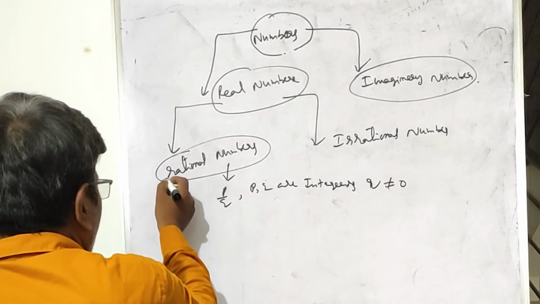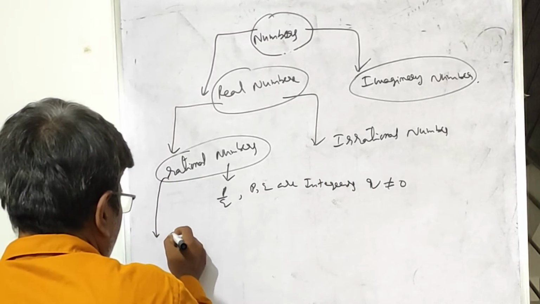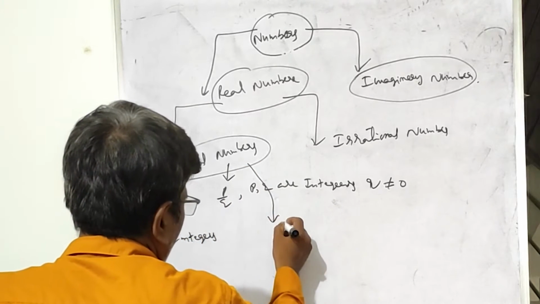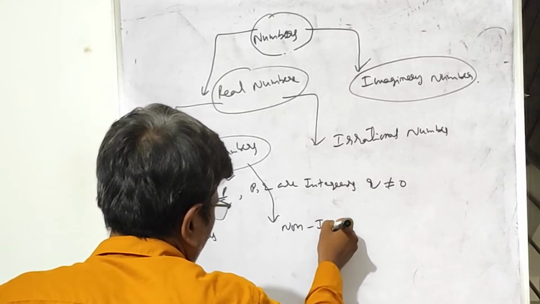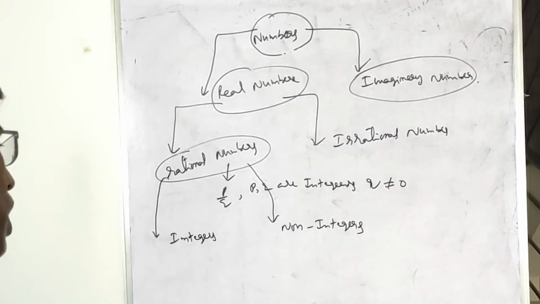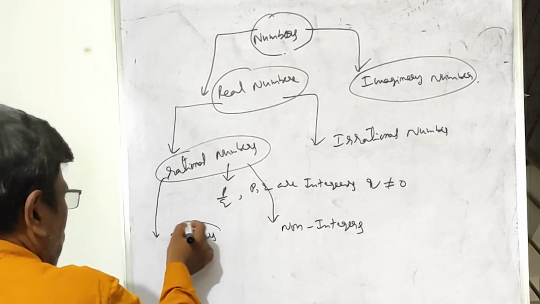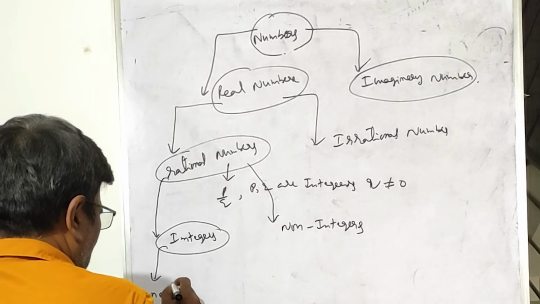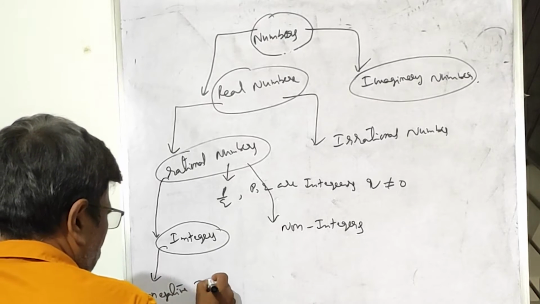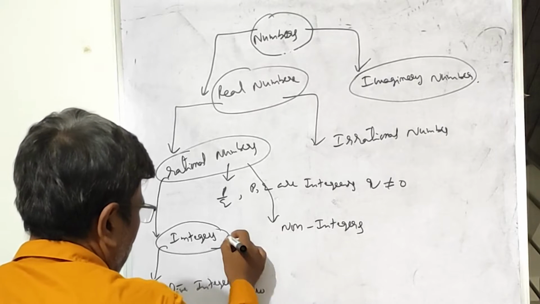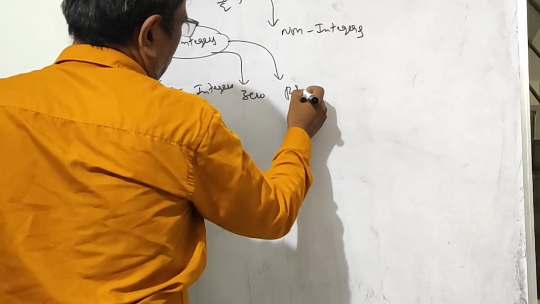Rational numbers can be classified as integers and non-integers. Integers are negative integers, 0, and then positive integers.